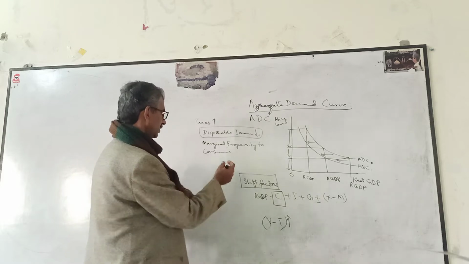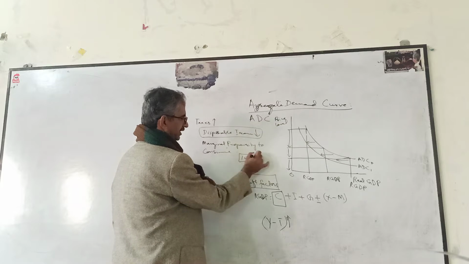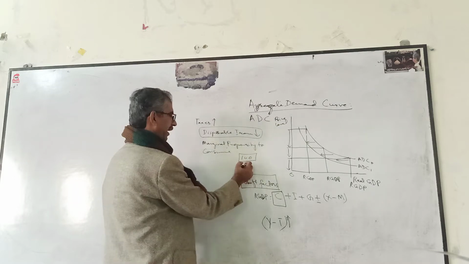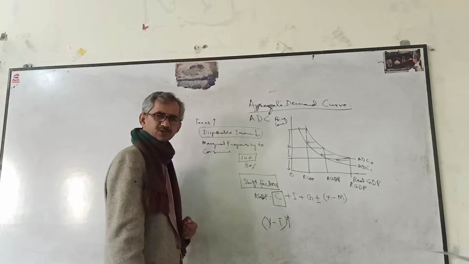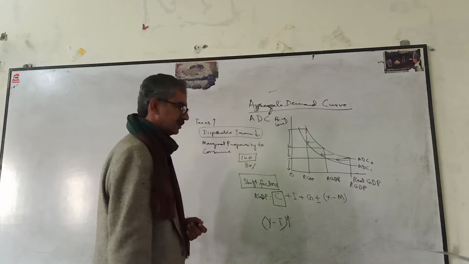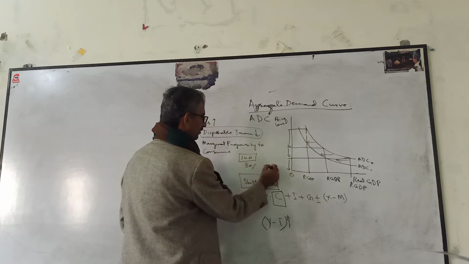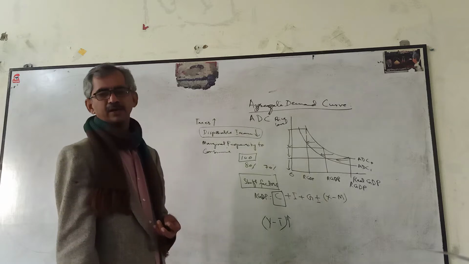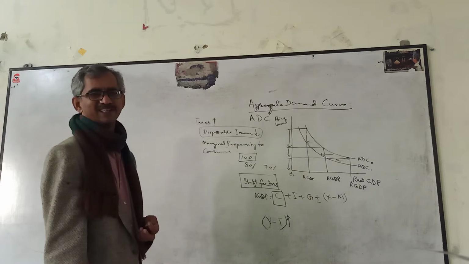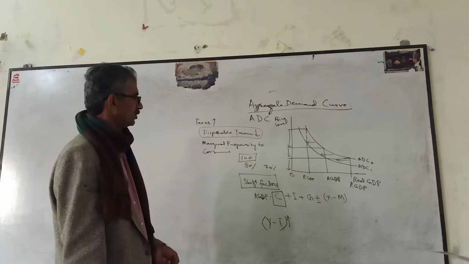Suppose from 100 rupees previously they were spending 80% on consumption and 20% for saving, but now they are spending 70% for consumption and 30% they are saving, which means their marginal propensity to consume declines.